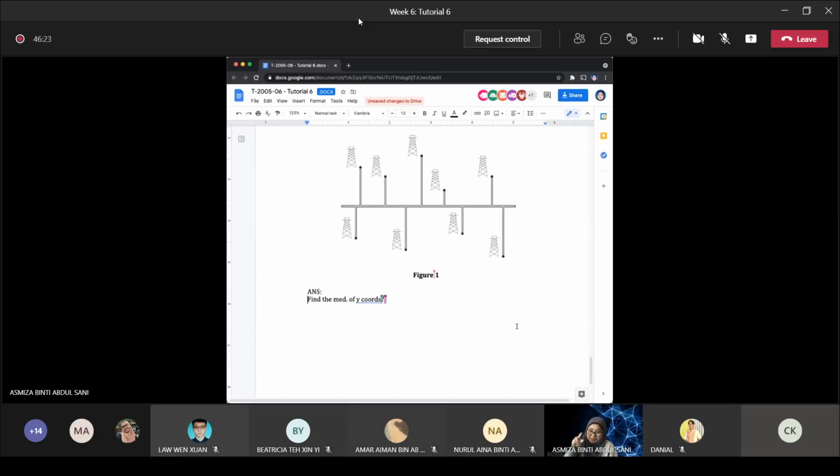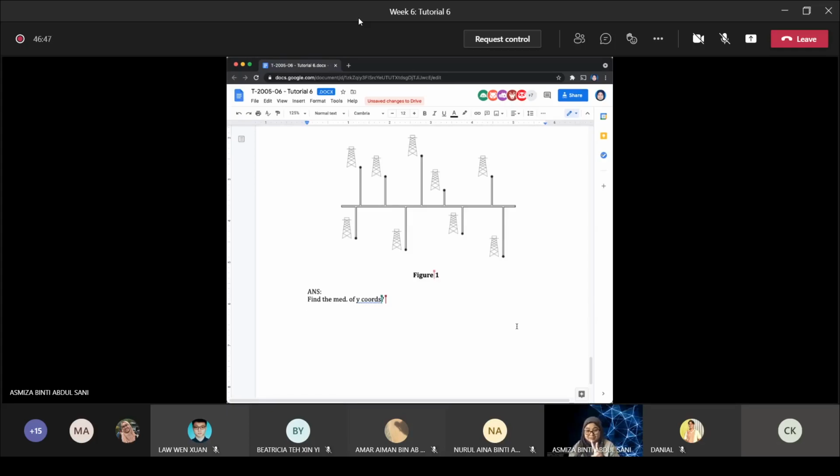So each of the wells will have the y coordinate, and you find what is the median well. What is the median y coordinate for one of the wells?